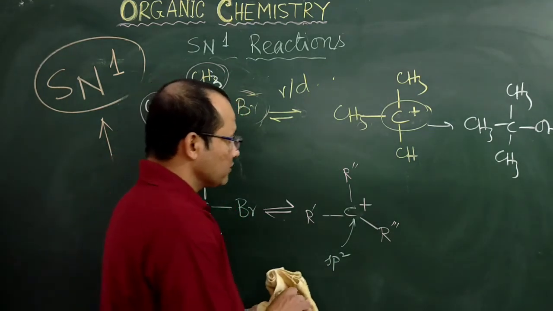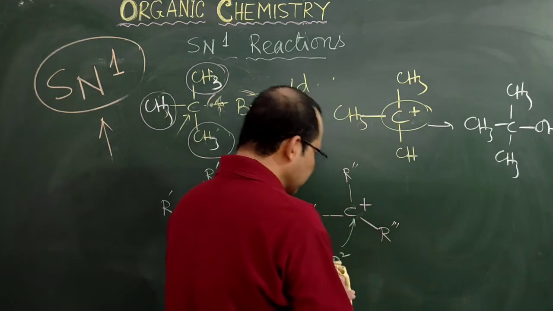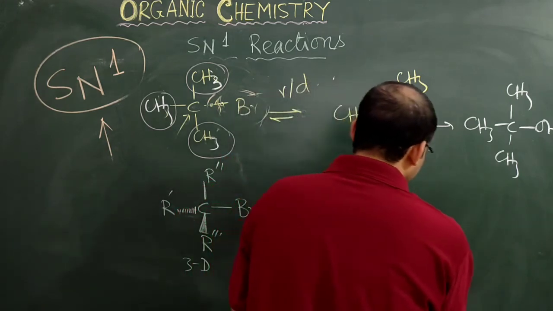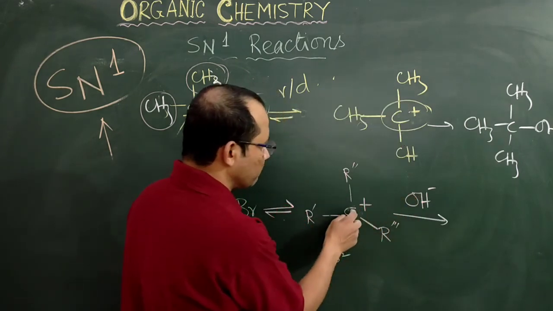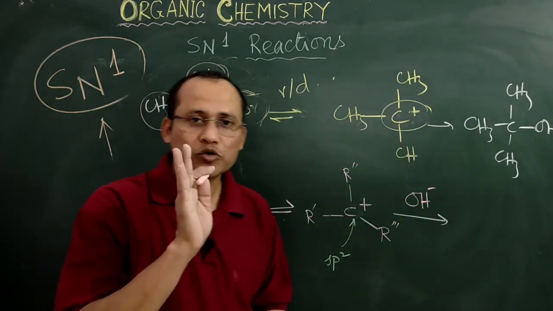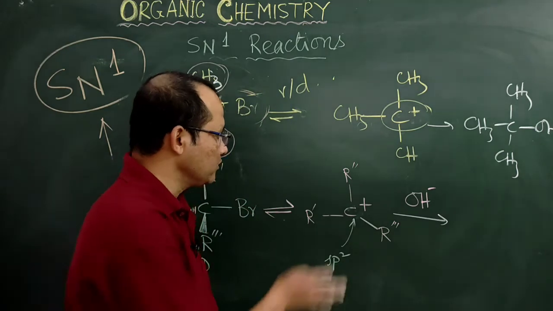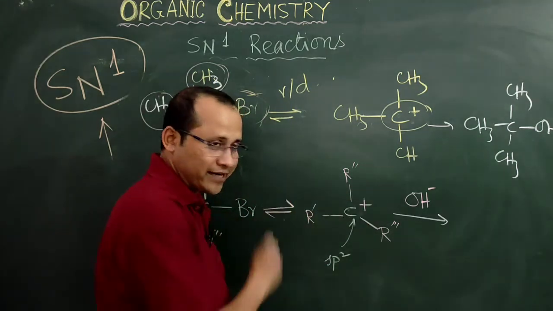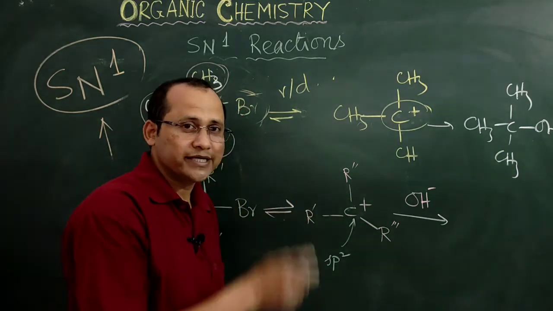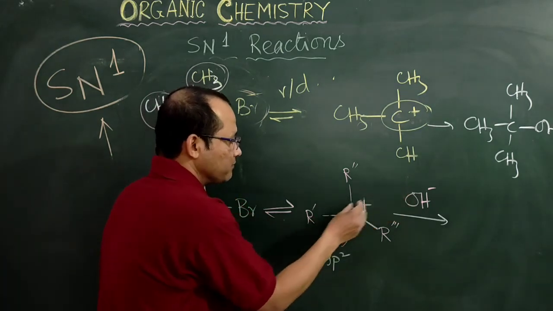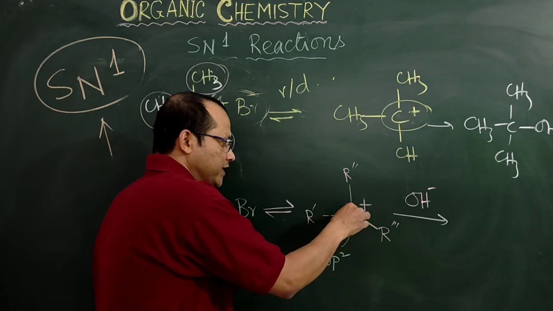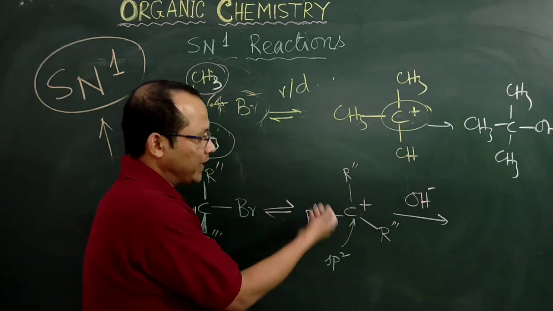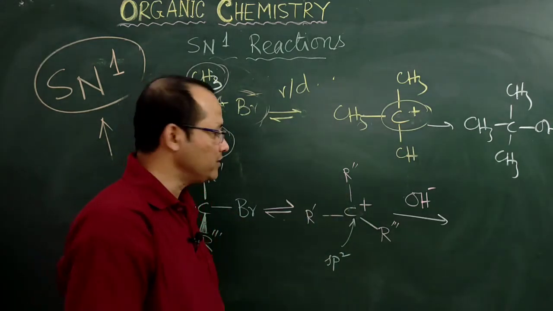Now the complication will arise after that, that is if one OH minus is going to combine with this one, then two possibilities will be there. Look, I have already mentioned this is flat in nature. Now two things may happen. OH may approach this carbon from this side or OH may approach from the back side.